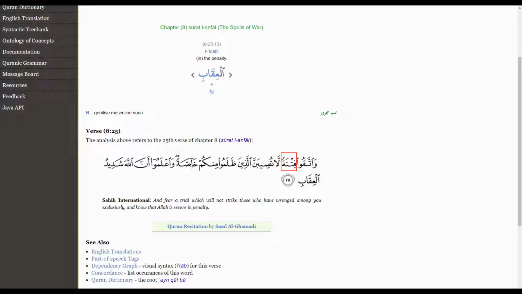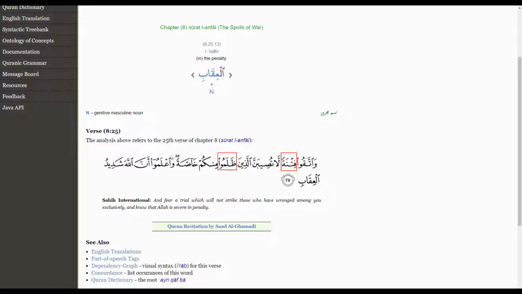When the fitna comes, whoever is near it will be engulfed in it. It will not come only for the people who have done zulm. It will come for everyone, and that's the sunnatullah. People will be resurrected according to their deeds anyway, and those who have suffered because of this fitna, inshallah, will go to heaven. But when the fitna comes, it will come for all of them.